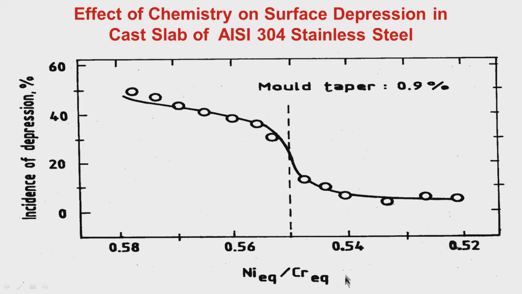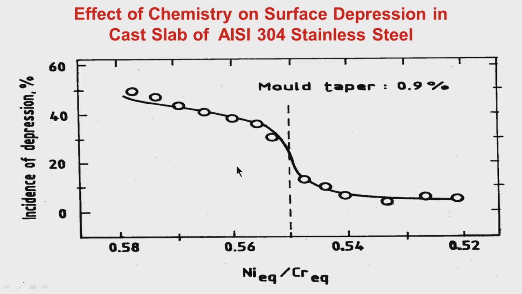taking a nickel equivalent by chromium equivalent slightly less than the peritectic start chemistry, which is 0.55. So if your nickel equivalent by chromium equivalent is say 0.54, 0.53, 0.52, the incidence of depression is much less compared to the situation when it is more than 0.55, about say 0.58, 0.57, 0.56.